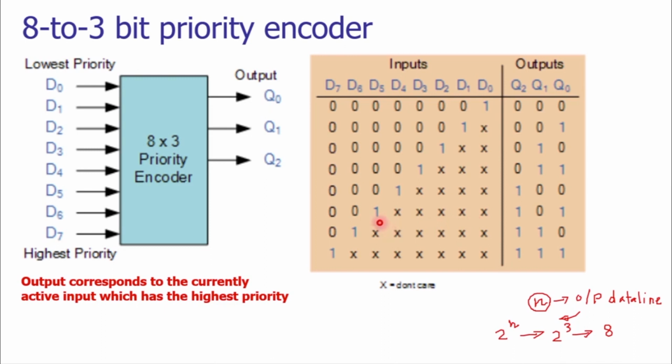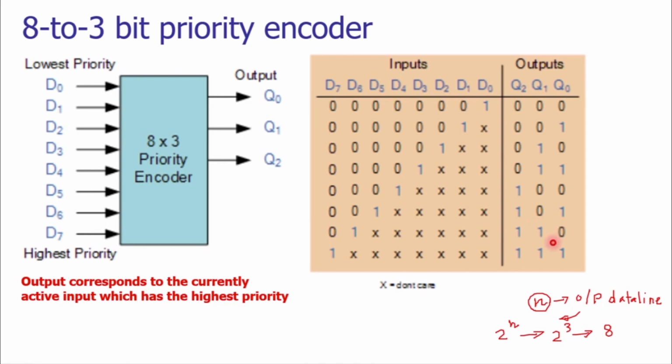For example, look at 6th row. In the 6th row, the data line D5 is having high level input. So as per our rule, D4, D3, D2, D1 and D0 will be ignored. If D6 and D7 are having 0 or the low level input, then the logic gate will generate the signal as 1 at Q2, 0 at Q1 and 1 at Q0.